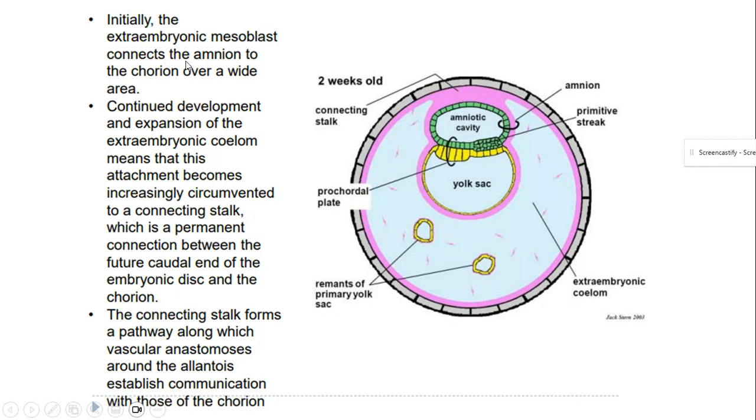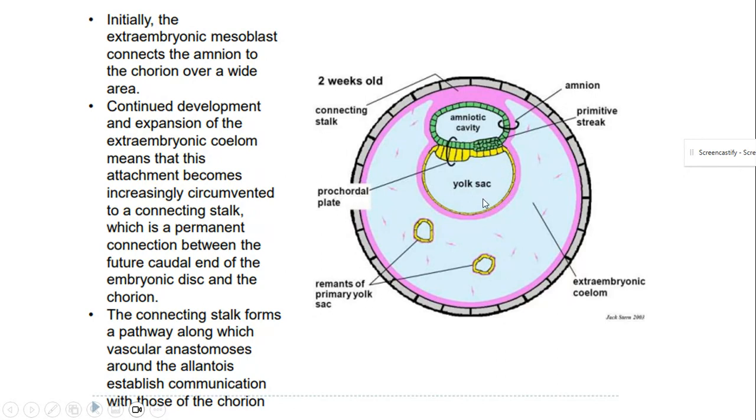Initially, the extra embryonic mesoblast connects the amnion to the chorion over a wide area. Continued development and expansion of the extra embryonic coelom means that this attachment becomes increasingly restricted to a connecting stalk, which is a permanent connection between the future caudal end of the embryonic disc and the chorion. The connecting stalk forms a pathway along which a vascular anastomosis, now we have vasculature happening around the allantois, establishes communication with those of the chorion, right?